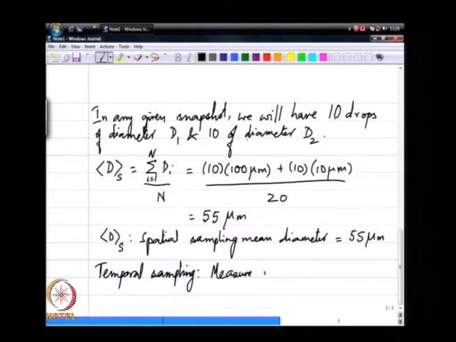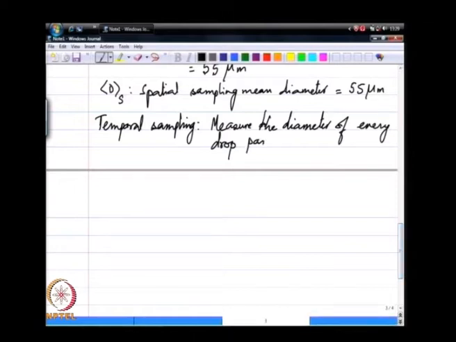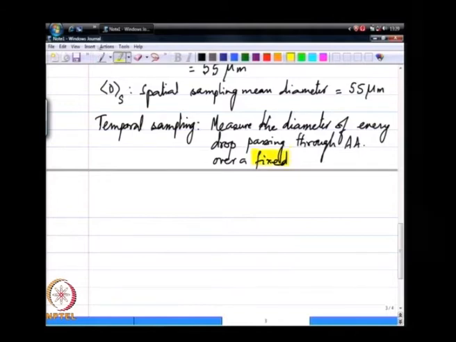The steps involved are measure the diameter, passing through AA over a fixed, this is very important, period of time.